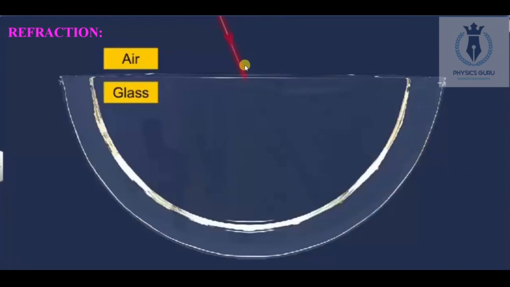This is incident light. Some of its part enters another transparent medium and the remaining part reflects back.